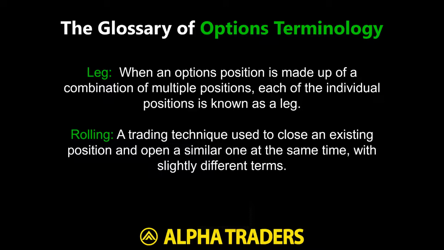Rolling, a trading technique used to close an existing position and then open a similar one at the same time with slightly different terms. By and large, what this means is you're gaining expiration time. What some traders will do is they'll run out of time on that particular contract, and let's say they had it to close in November.